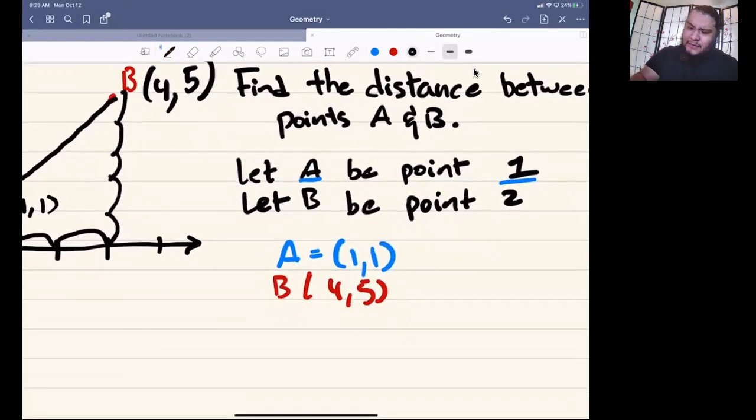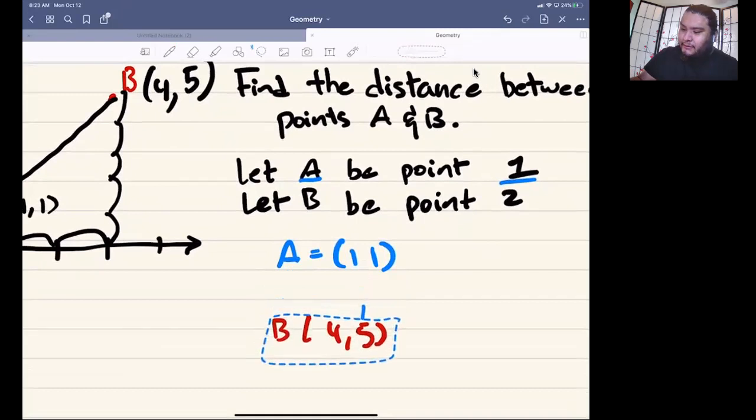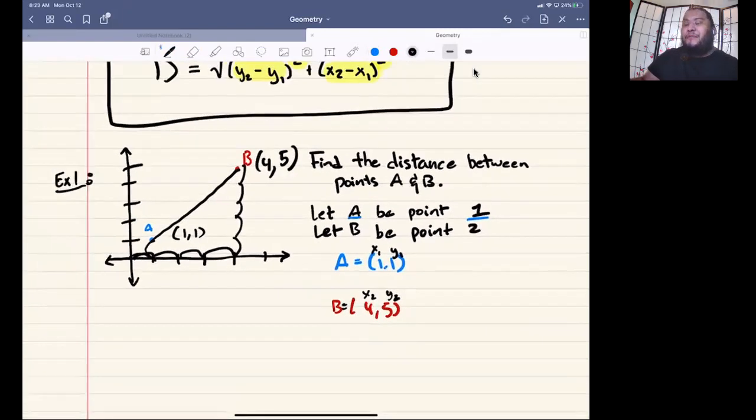Let me separate this a little bit. We have to label our points. Because A is point 1, we're going to call this x1, y1. And since B is our second point, we're going to call this x2, y2. Now we have the coordinates of our points, so we're just going to plug this into our formula.